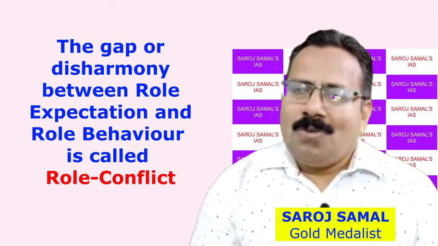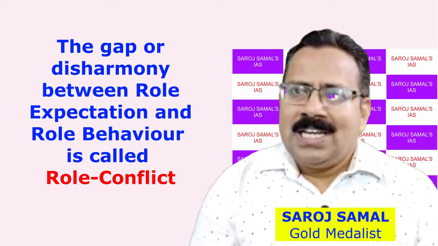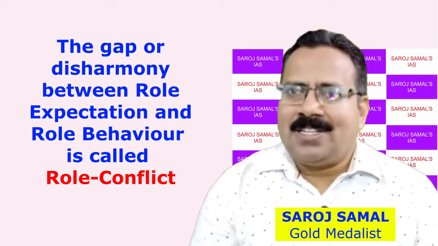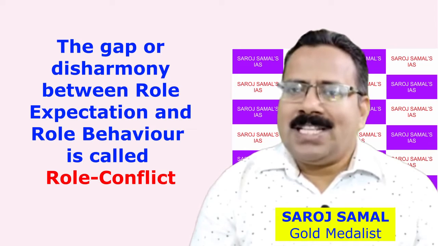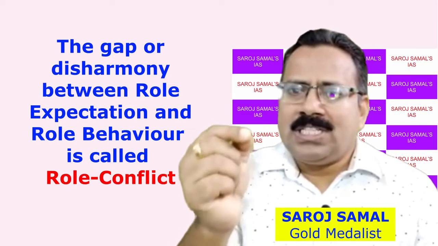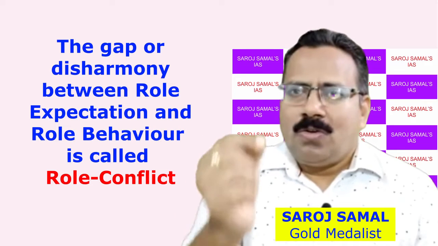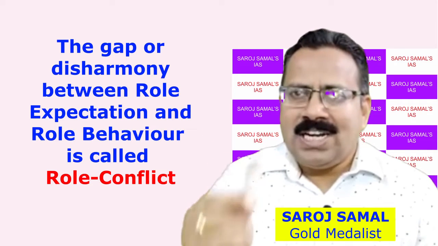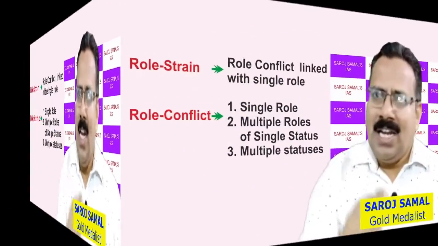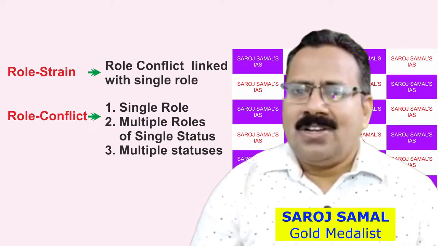You see, role conflict may take place in different situations on account of different factors. For example, I can say role conflict may be associated with a single role. Role conflict may be associated with more than one role linked with a single status.